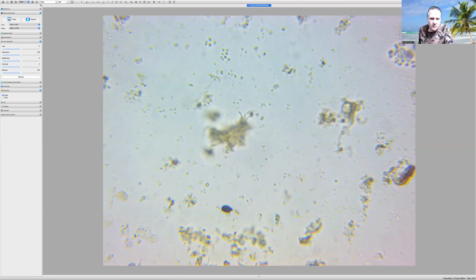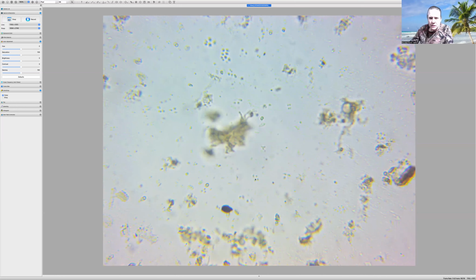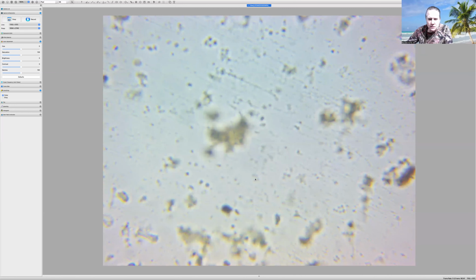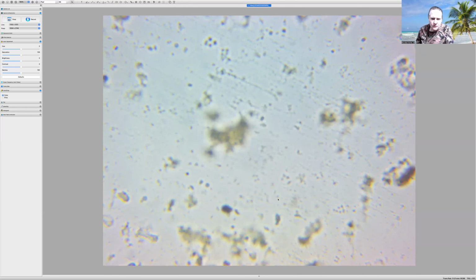That one there almost looks like spirillum. These fast movers, okay. So I've got to get up to the level here where you can see this is a flagellate moving here. That's very obvious to see.